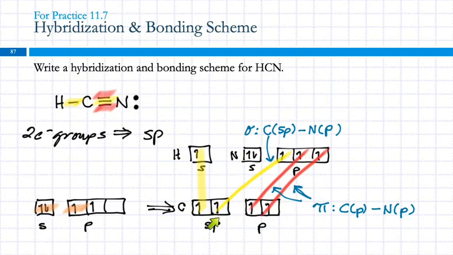I've got a p orbital overlapping with sp on carbon. And so that's what this is saying: sp on carbon overlapping with a p orbital on nitrogen. And then I have one other one over here, also sigma, between carbon and hydrogen. On the carbon it's sp, and on the hydrogen it's s.